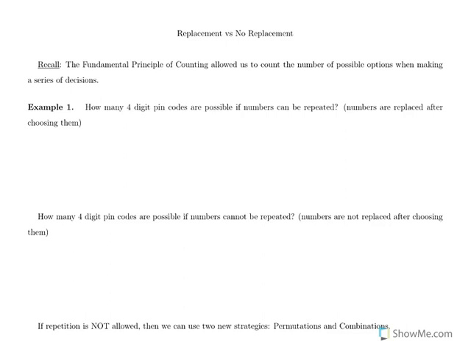So for instance, how many 4-digit PIN codes are possible if numbers can be repeated? A PIN code is made of single-digit numbers, and we have 4 digits to look at. We think about how many options there are in each. Well, there are 10 single-digit numbers, 0 and then 1 through 9.